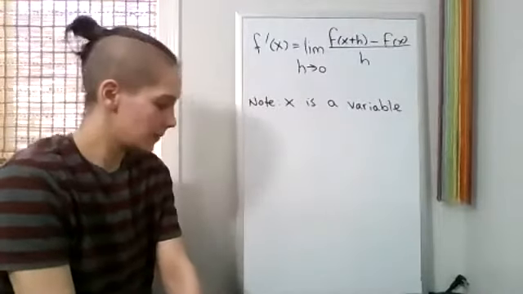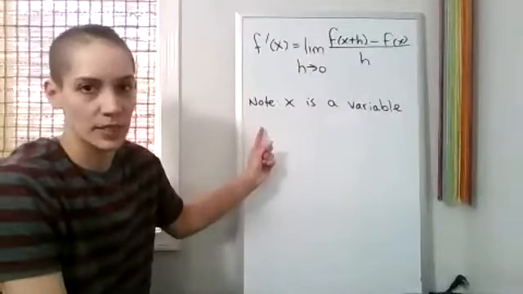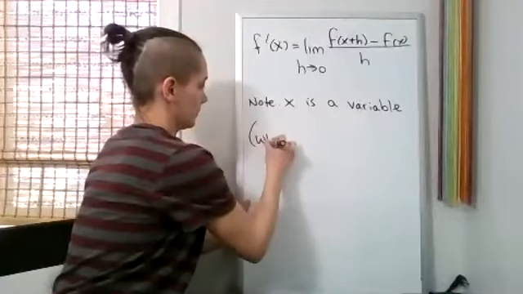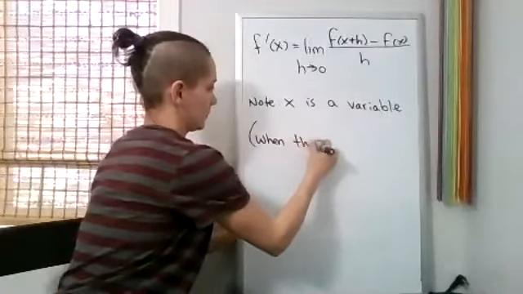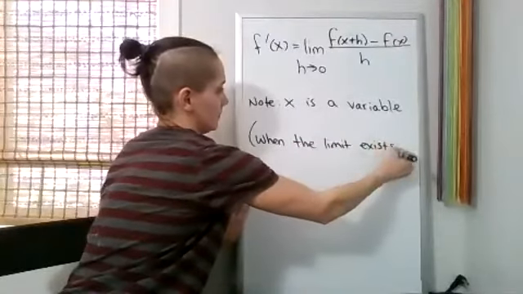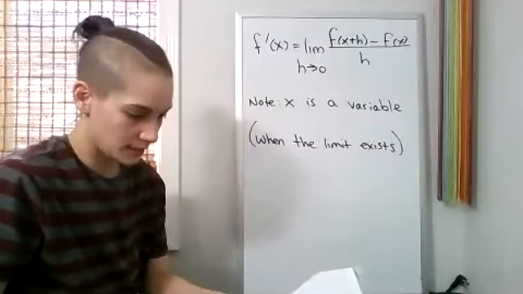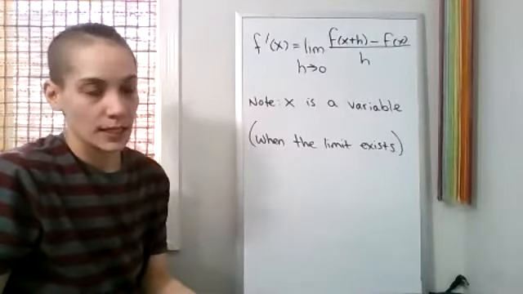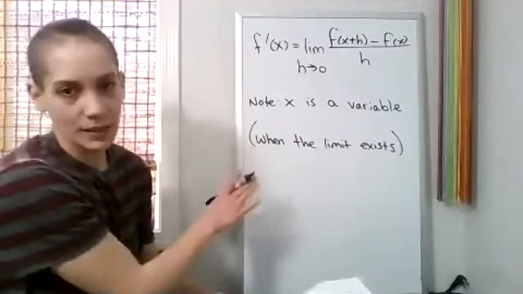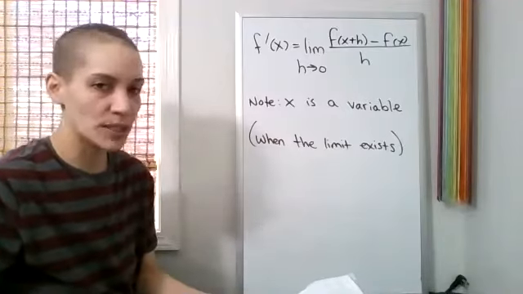All right, let's see. Also, just another note, and when the limit exists. Just to let you know that f prime of x is a function that describes slopes of tangent lines.